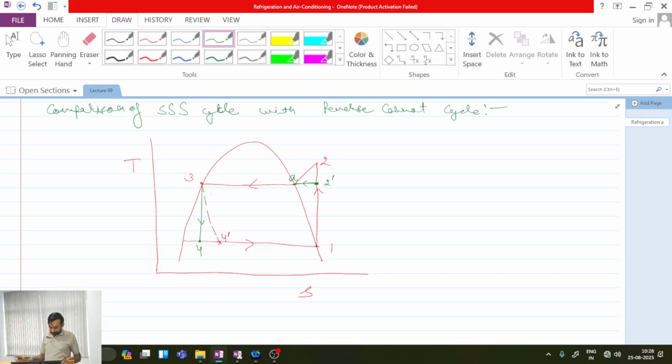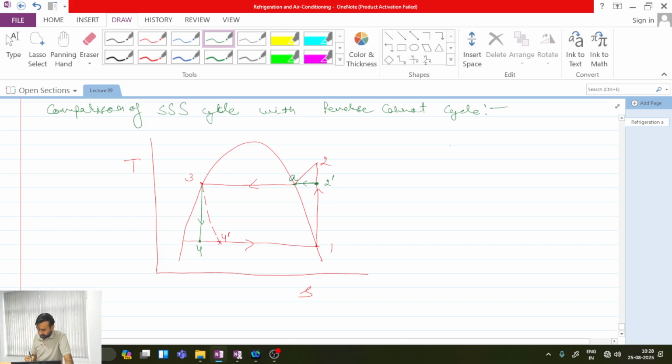Now one important point is, this is nothing but a cyclic process. If I compare with reverse Carnot, then also we have a cycle. If I compare with this standard vapor compression cycle, then also I have nothing but a cycle.